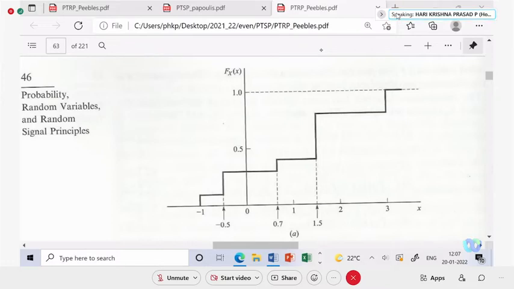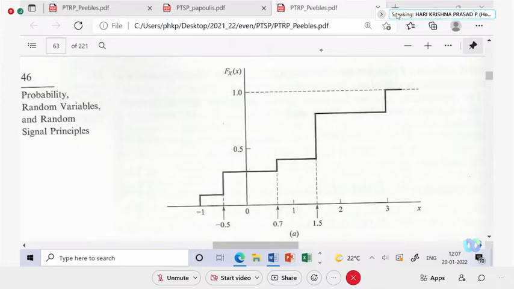That is what is meant by the value of the distribution function at x equal to infinity. Then what is the meaning of x taking a value of minus infinity? By minus infinity, what we mean is a value less than the least value taken by the random variable. In this example, the least value taken by the random variable is minus 1.